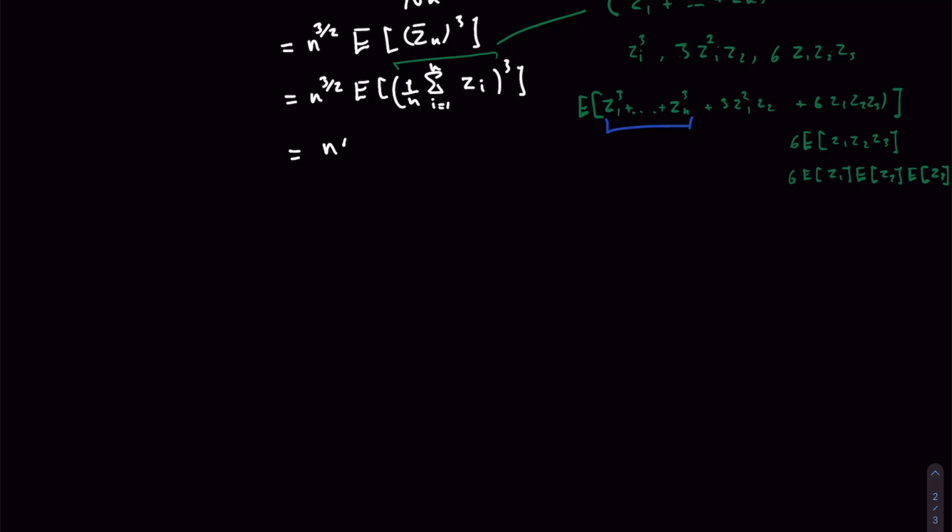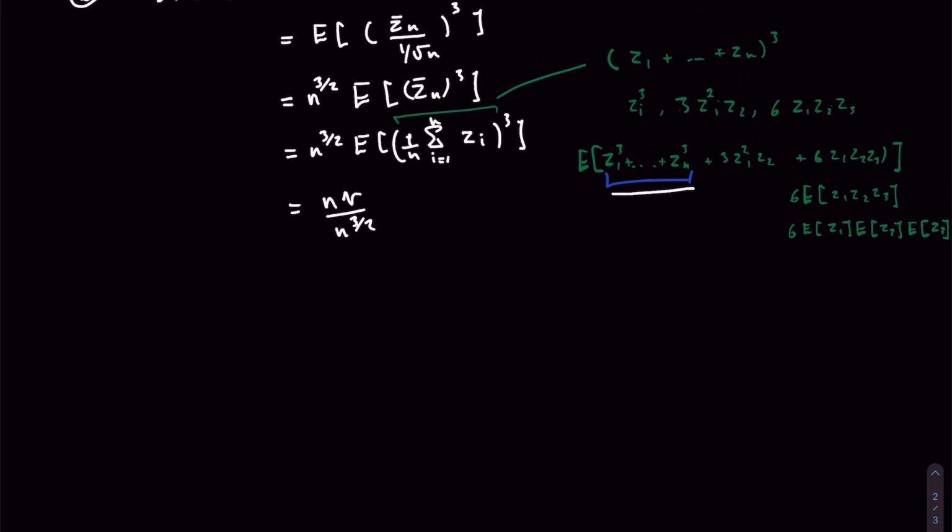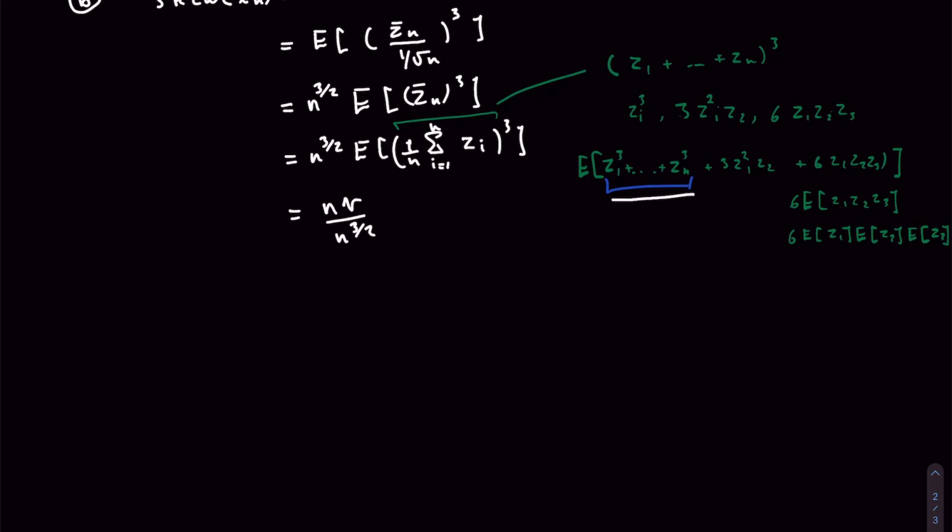That's the thing. n gammas, because those are n. And then divided by n to the power of 3/2, like so.